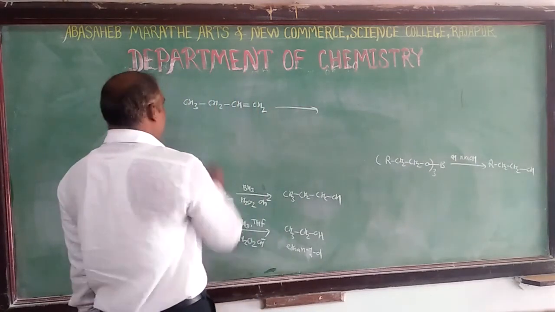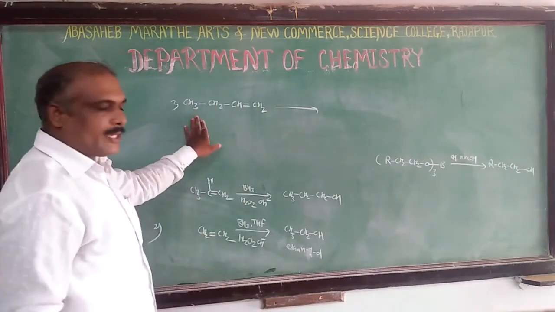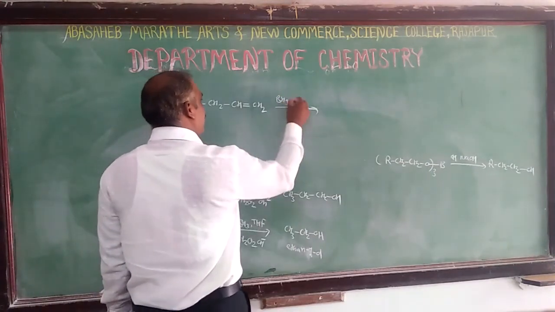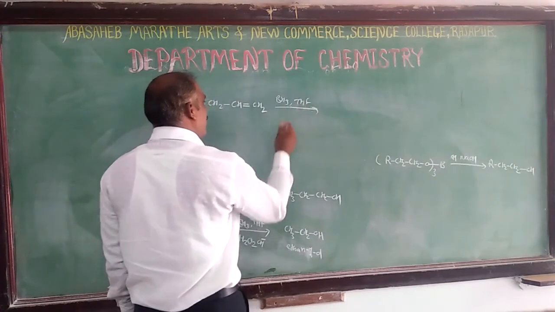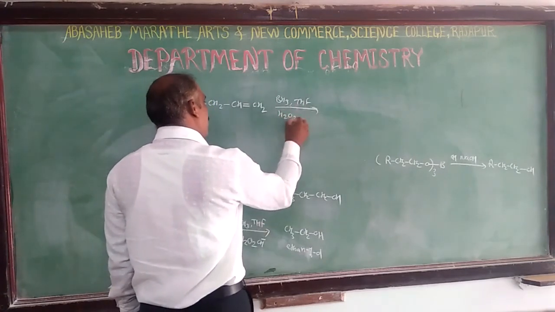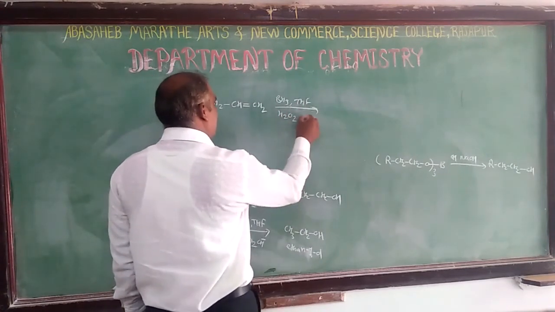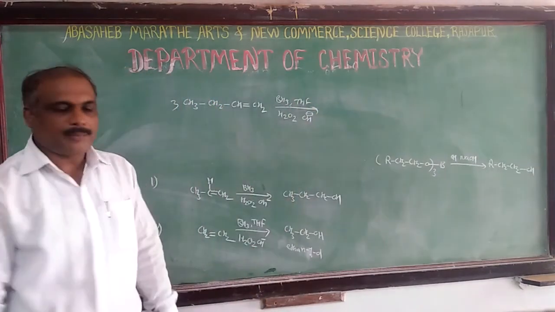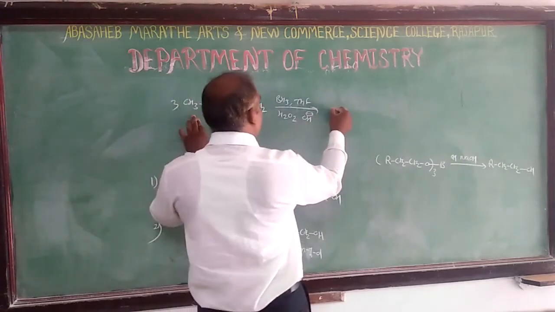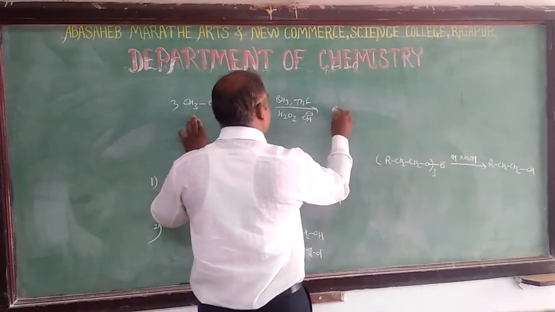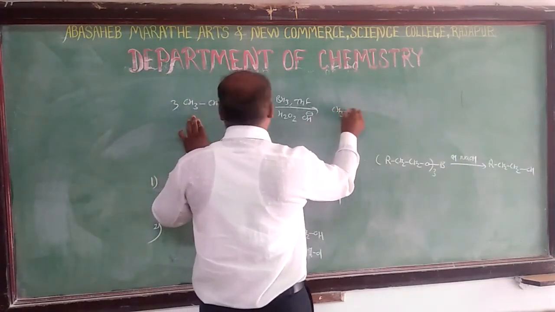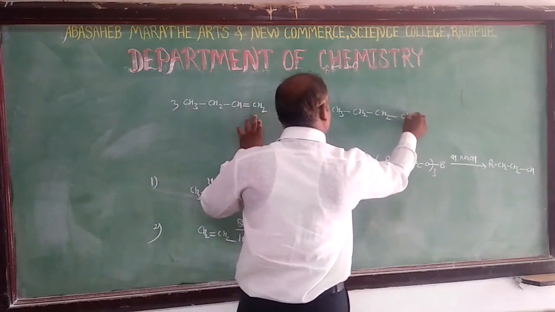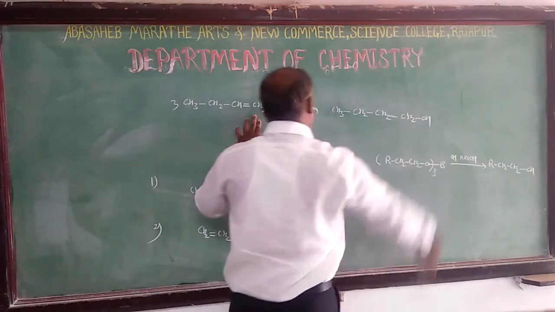In this reaction, the three molecules of this alkene we take by using borane in tetrahydrofuran, hydrogen peroxide for oxidation and hydrolysis by using aqueous OH to get the corresponding alcohol, CH3CH2CH2CH2OH.